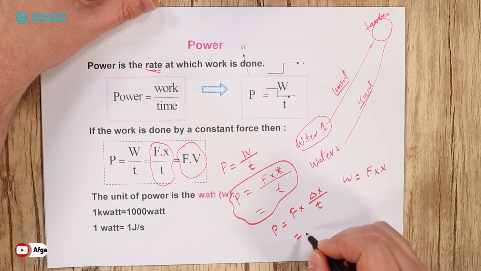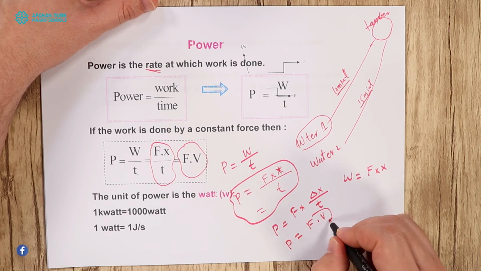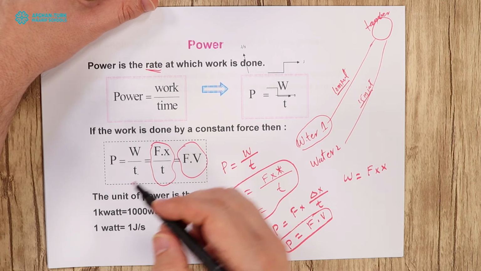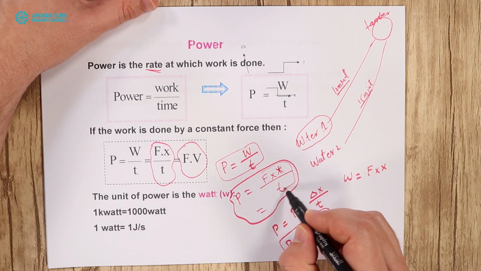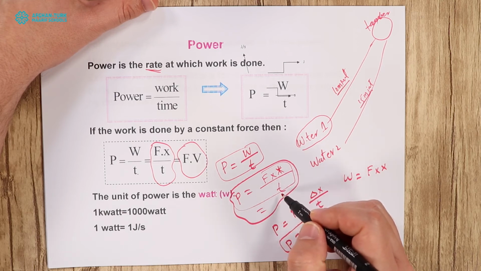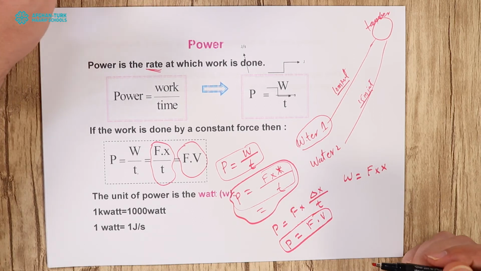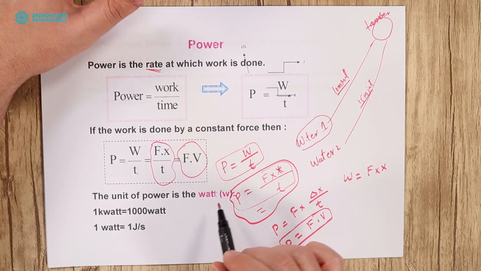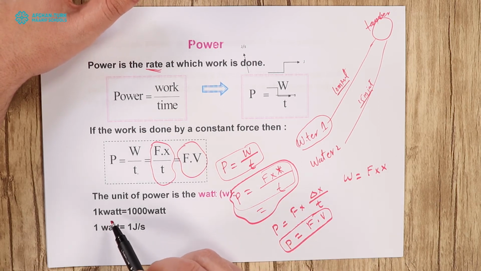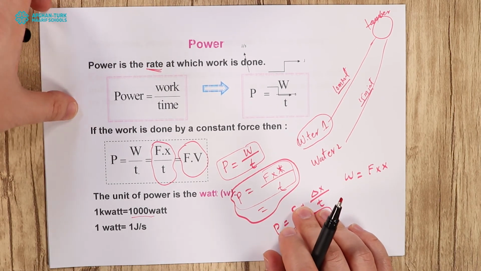We know that displacement over time is equal to velocity, so the third formula is force multiplied by speed or velocity. The unit of power is watt, and 1 kilowatt is equal to 1000 watt, or 1 watt is equal to 1 joule per second.